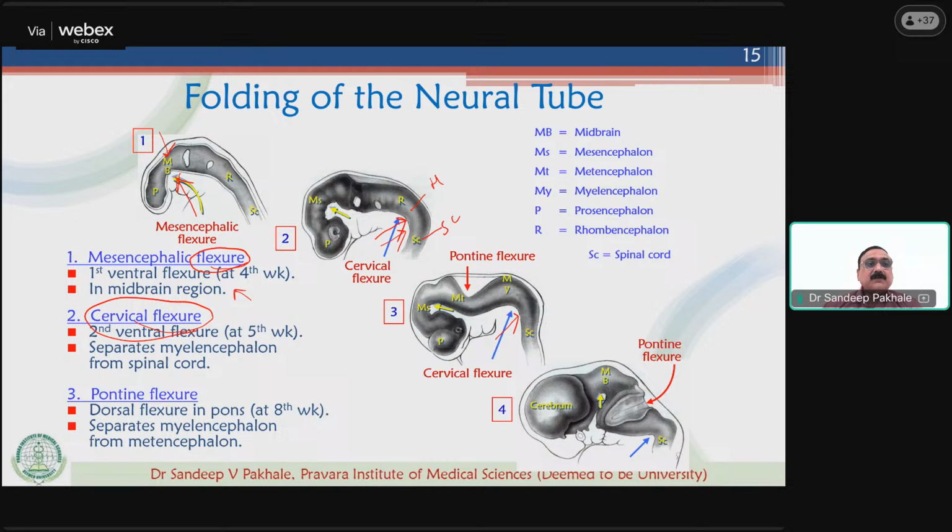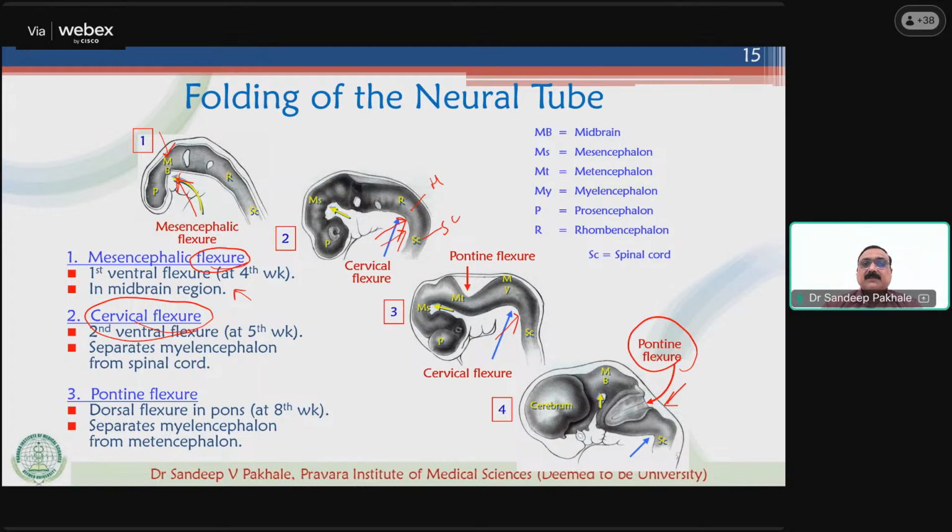Now the third flexure is the pontine flexure. And you can see this is the pontine flexure, and this is concave dorsally. It separates the metencephalon from the myelencephalon.